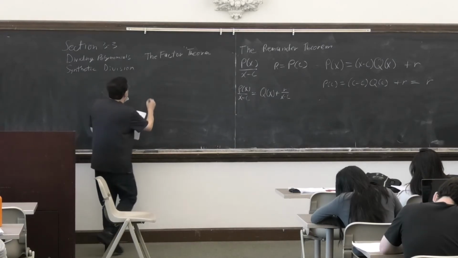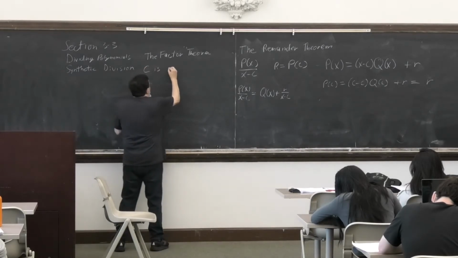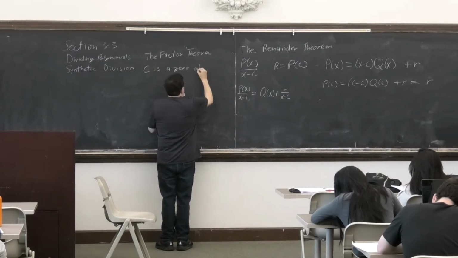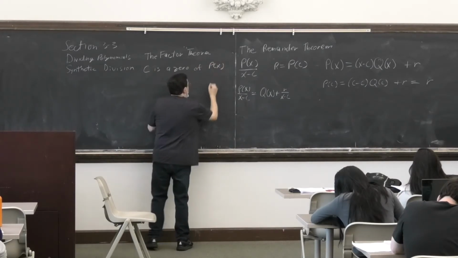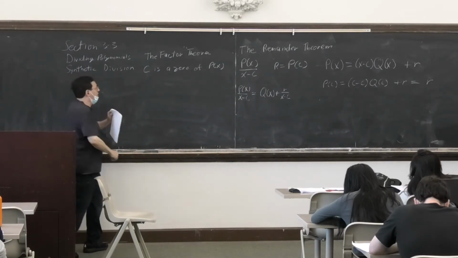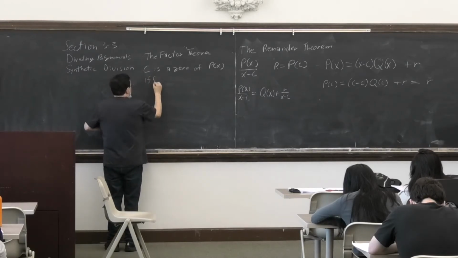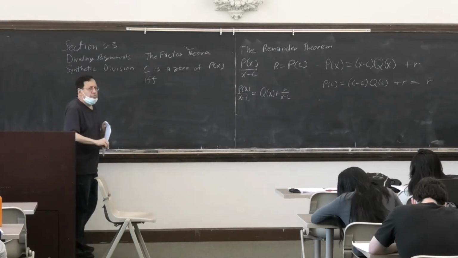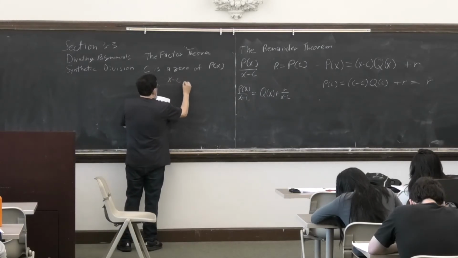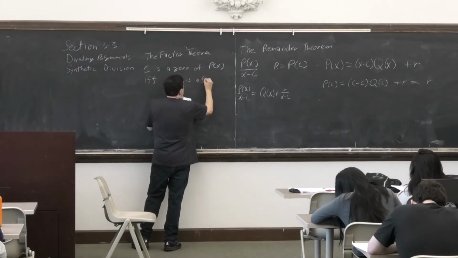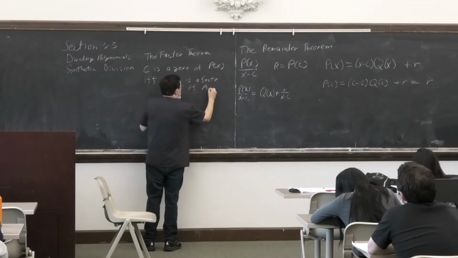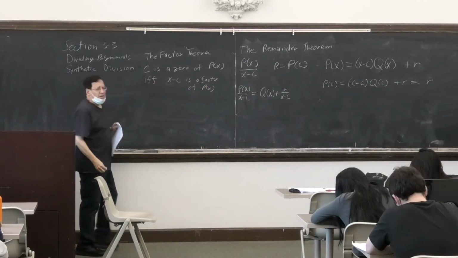It says C is the zero of P of X. And I think I talked the other day about this idea, IFF, if and only if X minus C is a factor of P of X. All right, so you can think of it as two theorems.